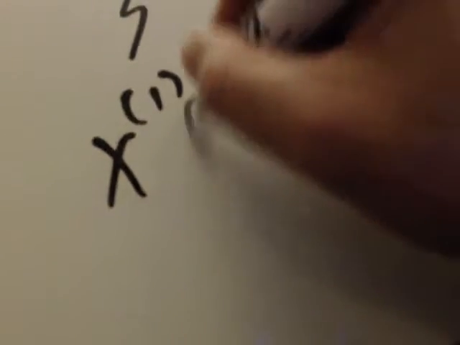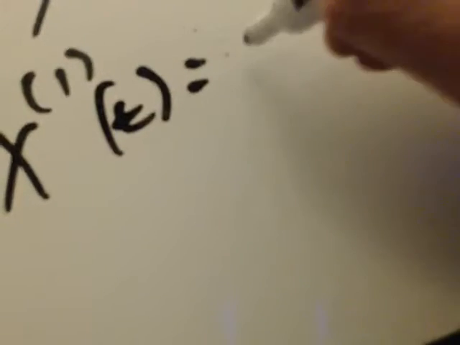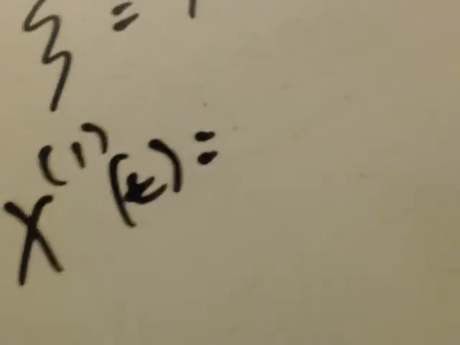And lastly, we can then write our solution. So we can say x1 of t is equal to. Now here's what we're going to write down. This is our general solution. Remember how before we had e to the at cosine and e to the at sine.